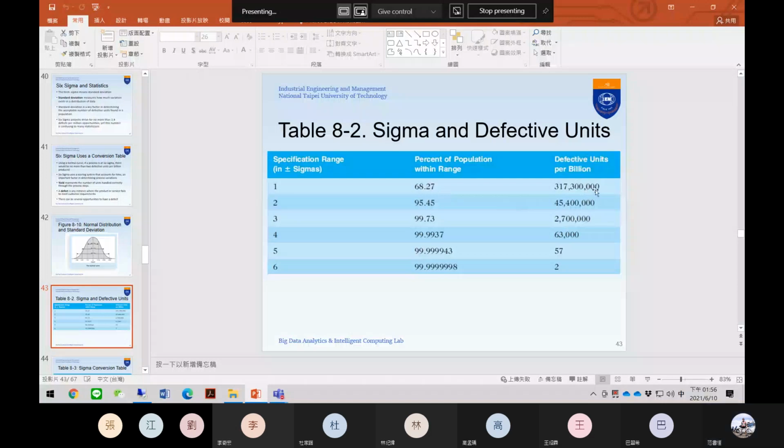It is about 317 million per billion. Yeah, this is crazy. So 6 sigma is less than 2 per billion, and no mean shift is allowed.